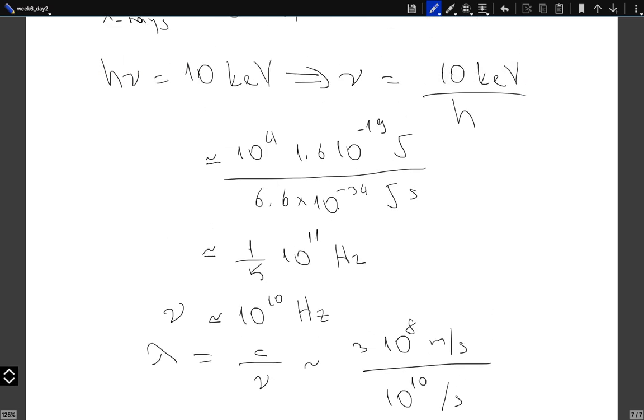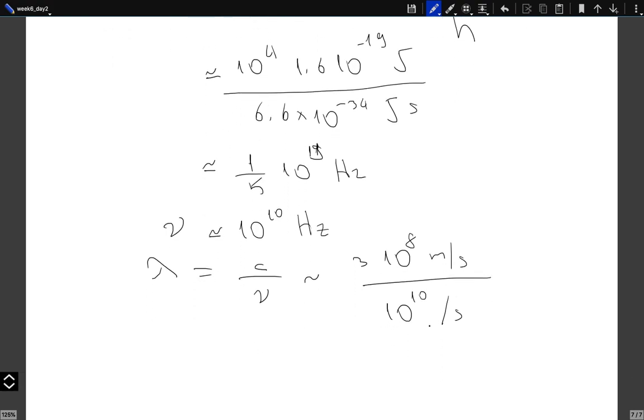No, sorry, I made a mistake over there. 34 minus 19 is 15, so this is 10 to the power 18 per second. The per second just goes away. So this is 10 to the power minus 10 meters.